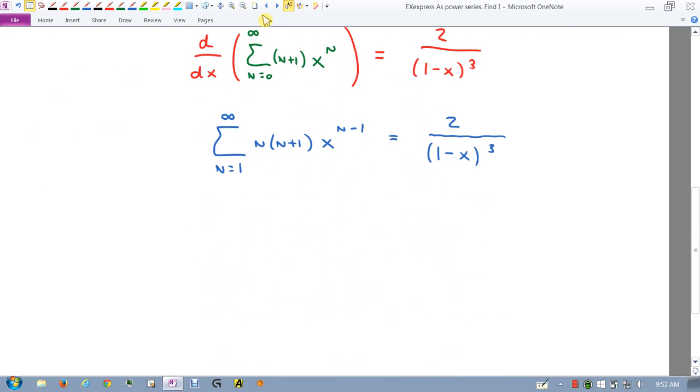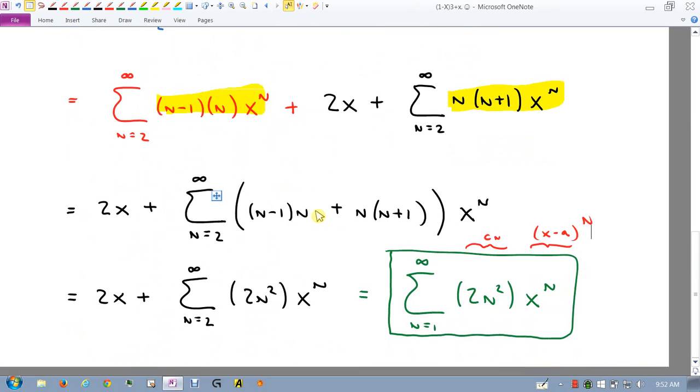So our interval of convergence is still negative 1 to 1. Bam. Now that is a great problem right there. There are so many subtle things involved in that problem that you have to pay attention to. So that's what makes it such a great problem.